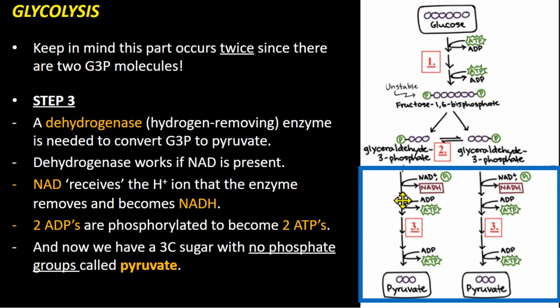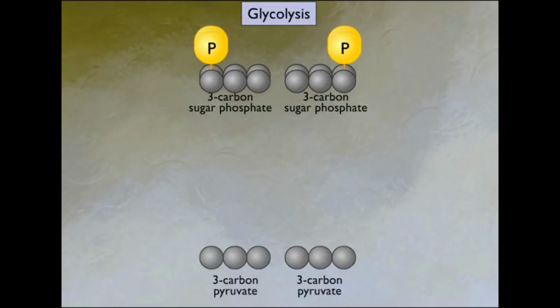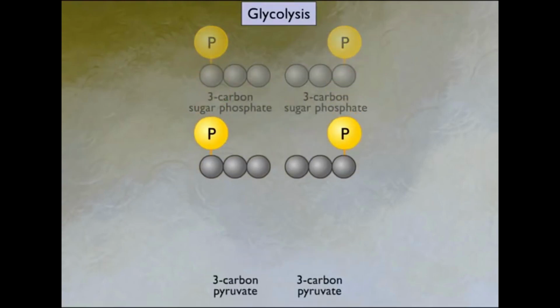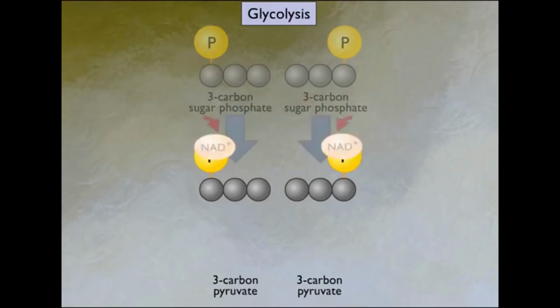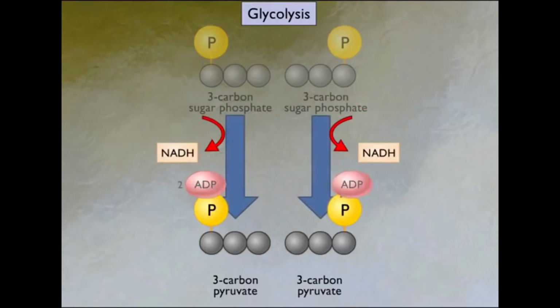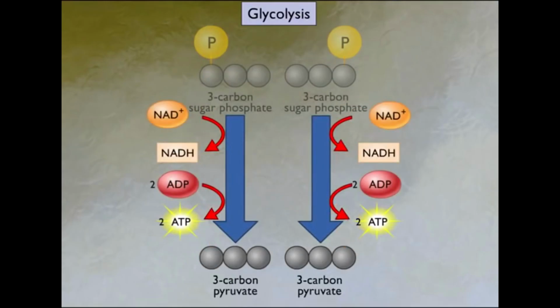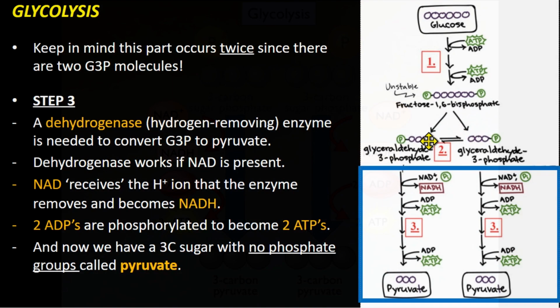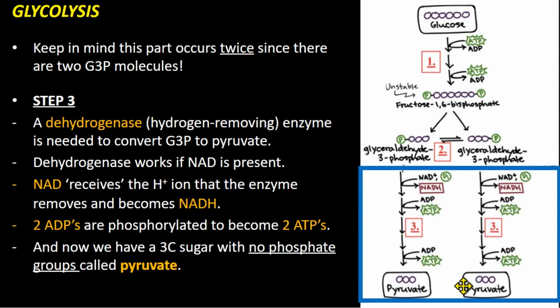Now, two ADPs are going to become phosphorylated to become two ATPs. So we remove these phosphate groups here. And now we've turned this G3P into pyruvate. Now remember, this part occurs twice because we have two G3P molecules. So you're going to get two molecules of pyruvate in the end.